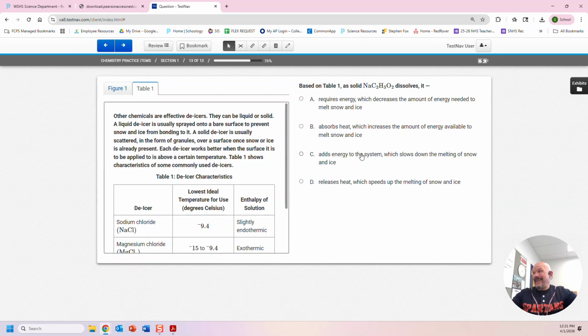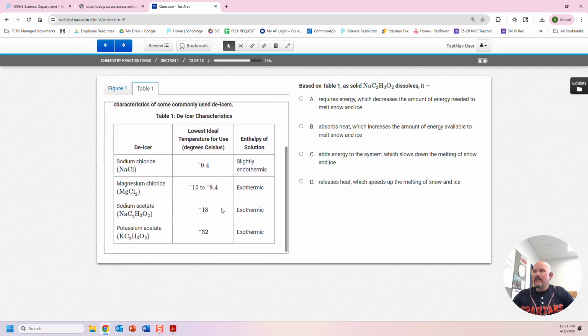That means the reaction's absorbing energy. So A, B, and C are all kind of saying the same thing in terms of endothermic process. Endothermic, the reaction absorbs energy from the surroundings. Exothermic, it releases heat, it releases energy to the surroundings. And what does it say about sodium acetate? It's an exothermic process as it dissolves. So it's releasing energy to the surroundings.